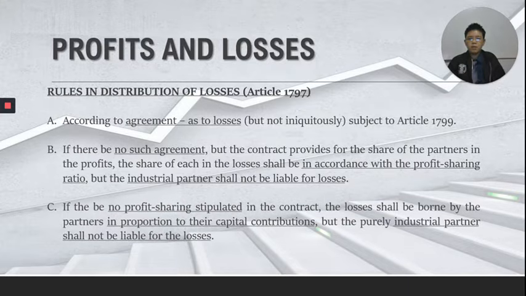Also, number 3, what if wala pong loss sharing agreement, wala ring profit sharing agreement, anong basis ng share sa losses? Remember class, yung capital contribution will be the basis of the loss sharing. So, depende kung ilang percent ang kinontribute nila sa capital, ganun din yung percentage na isi-share nila sa loss. Again, industrial partner will not be liable for losses. Examples when we come to class.